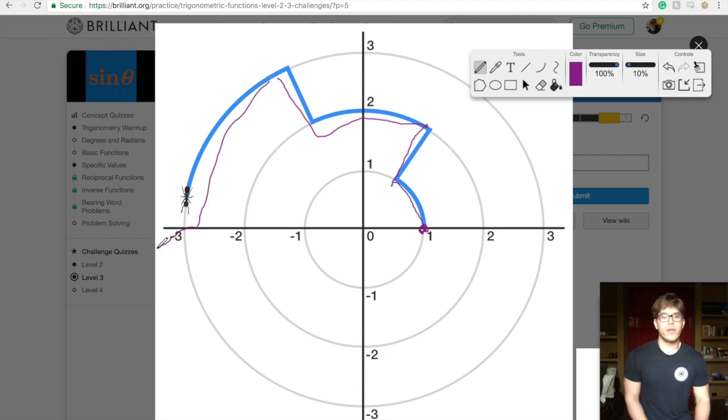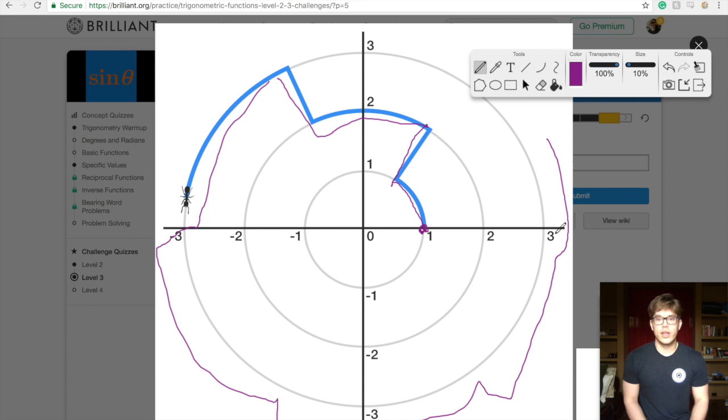It'll go out 4 units, out 5 units, out 6 units, out 7 units, etc. And so when does it cross the positive x-axis? That's the question. When will it cross the x-axis over here? So how can we figure this problem out? What do we need to be thinking?